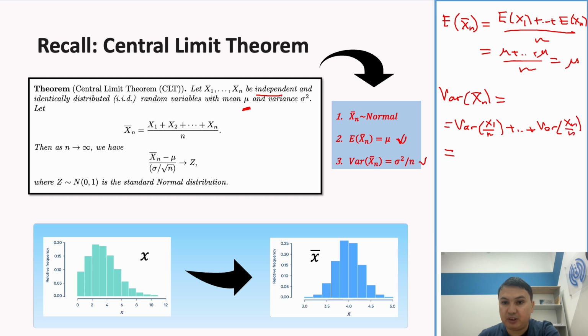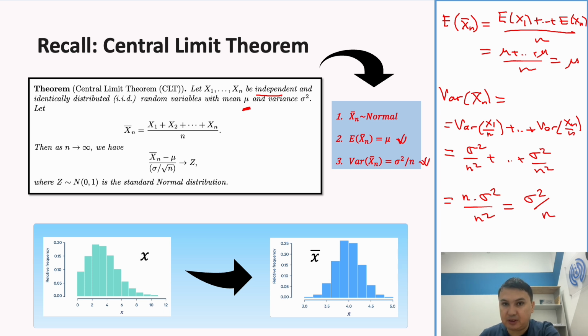Now from the properties of variance, the variance of X1 is sigma squared, and the 1 over n comes out as n squared. There are n of such terms, so this becomes n times sigma squared divided by n squared. Cancelling one of the n's with the denominator, you get sigma squared divided by n. So that's the variance part.